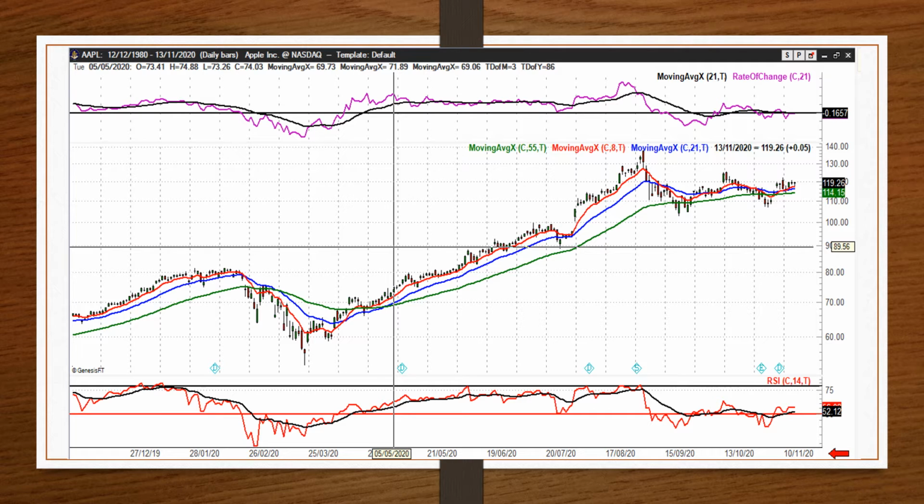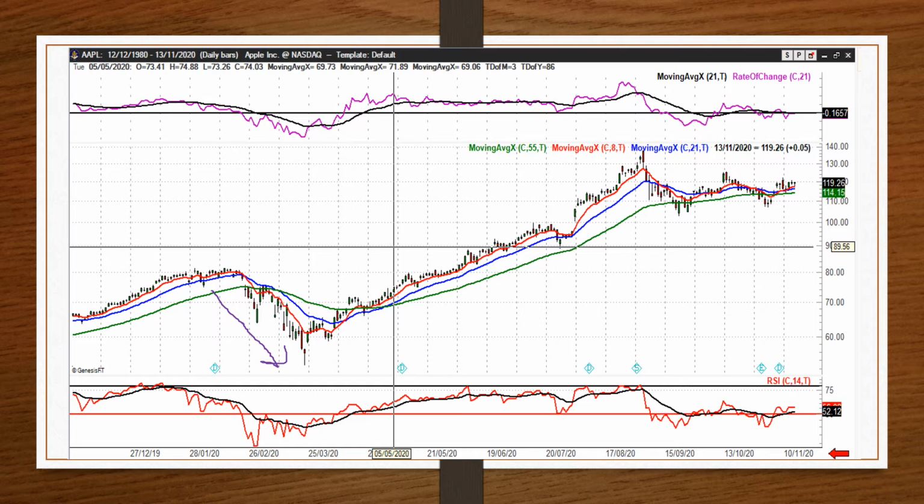What we're looking for is based on our moving averages. Green is 55, blue is 21, and red is 8, and they're all exponential. We go over this in the course, the difference between simple and exponential moving averages.